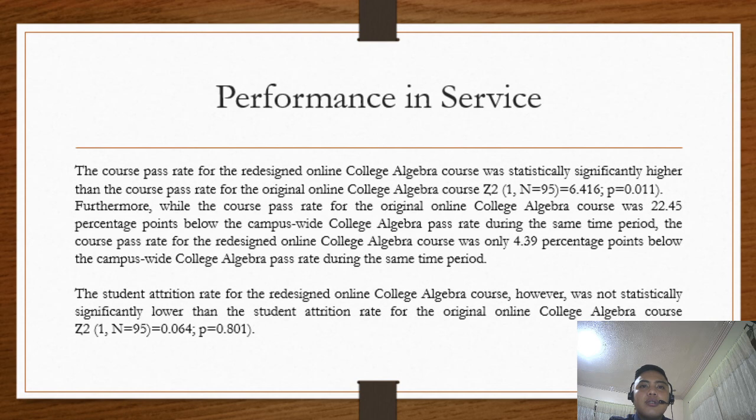Furthermore, while the course pass rate for the original online college algebra course was 22.45 percentage points below the campus-wide college algebra pass rate during the same time period, the course pass rate for the redesigned online college algebra course was only 4.39 percentage points below the campus-wide college algebra pass rate during the same time period.